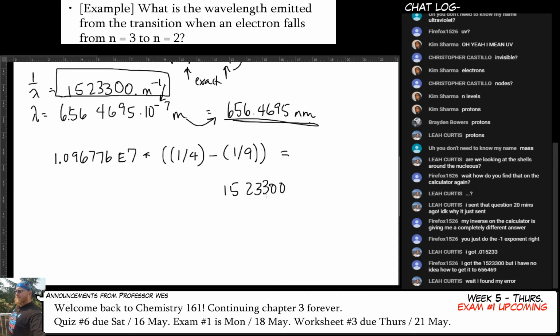And then the next button I pushed was just this. I pushed that and I hit enter, and it tells me this.